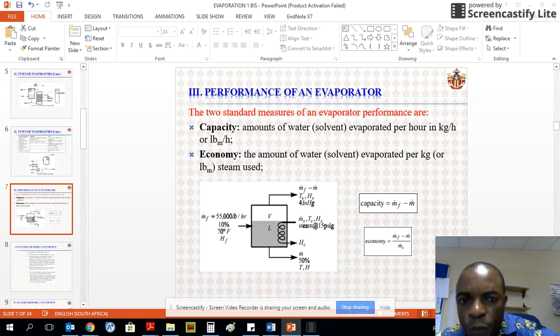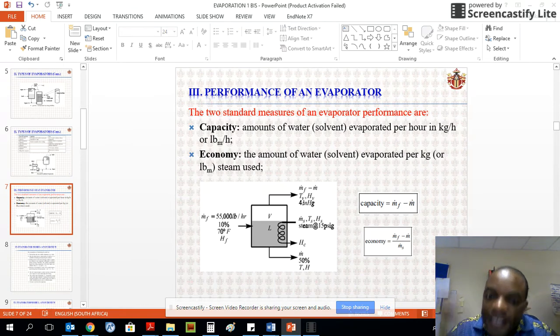By capacity, we mean the amount of solvent which is evaporated per hour. One will tell you, for example, that we are using on our plant a 500 kilograms per second evaporator. 500 kilograms per second in that case means the solvent which is being evaporated.